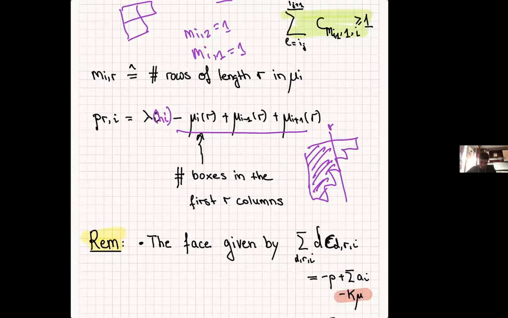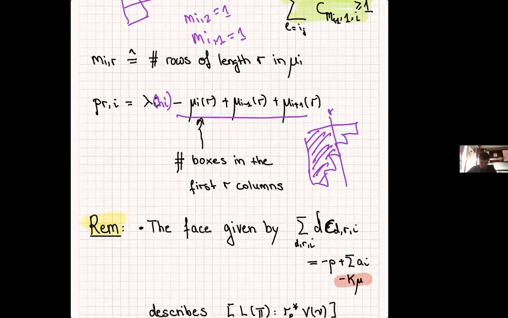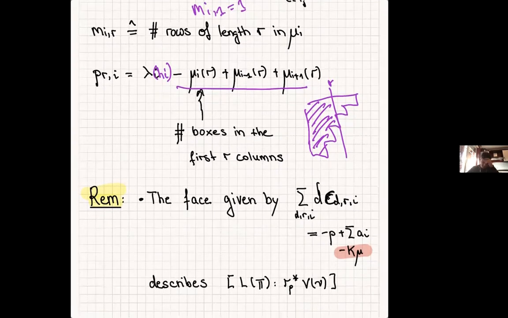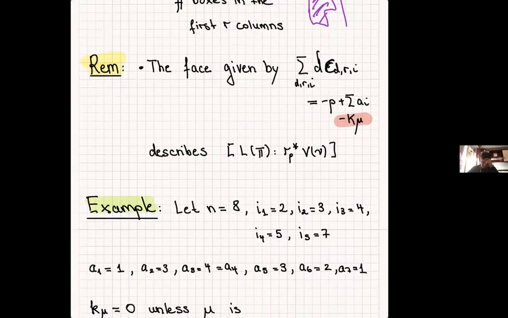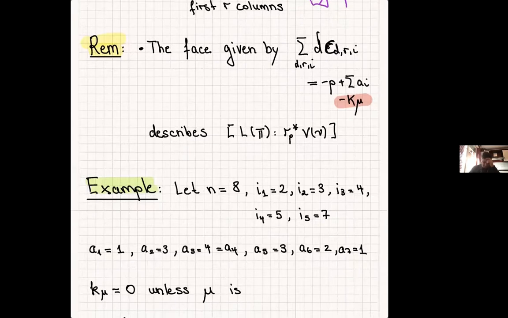Okay, so just to give you a way how one can use this formula, let me give you a huge example. Let's take SL_9, so n is 8. Let's take the highest weight omega_2 plus omega_3 plus omega_4 plus omega_5 plus omega_7.